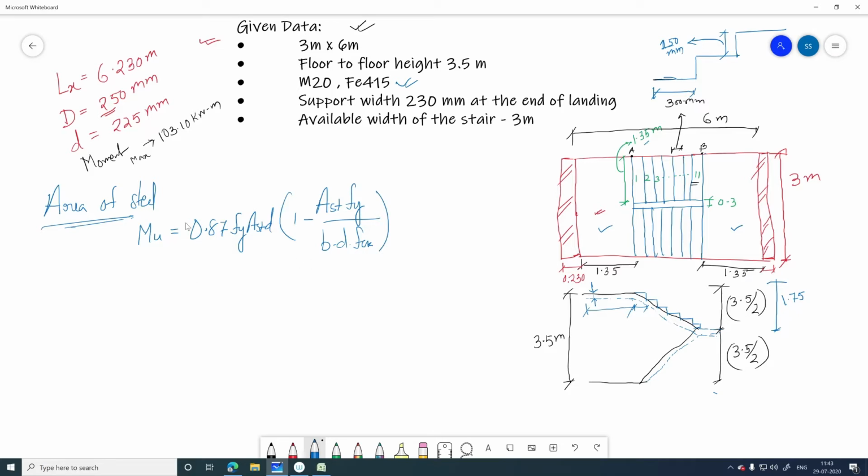Okay, so except the value Ast, we know every value, like fy is equal to 415, d is 225, fy here also 415, b is 1350, d is 225, fck is 20, and moment, that is 103.10 into 10 to the power 6, because it is in kilonewton meter, so you convert it to Newton millimeter, because all other values over here are in Newton millimeter.